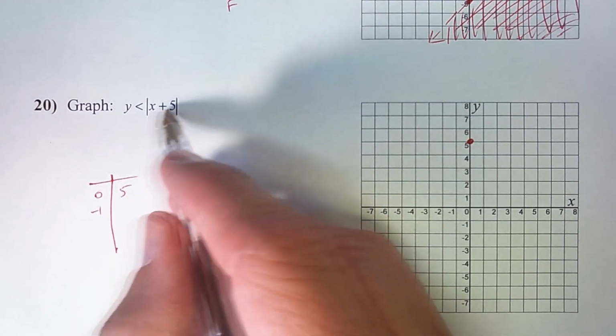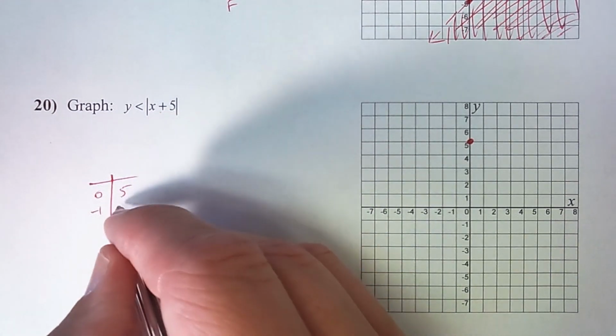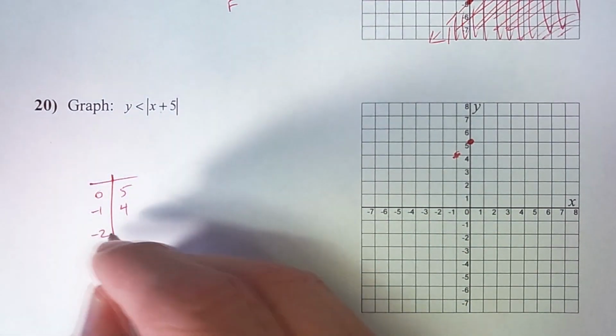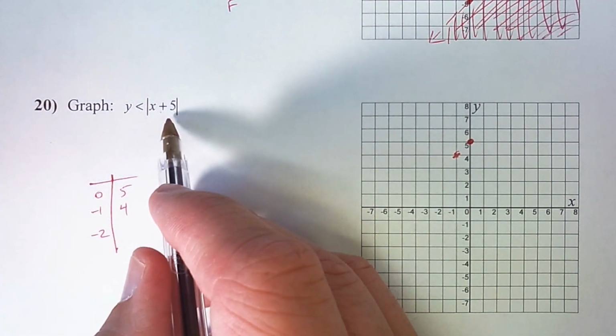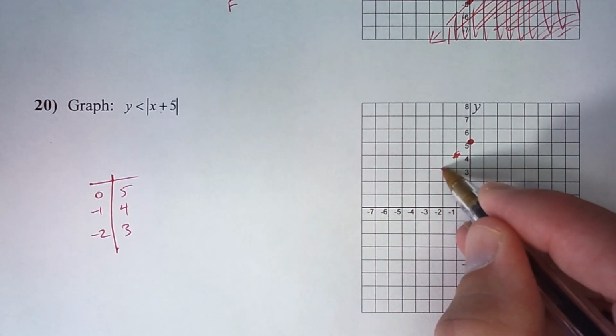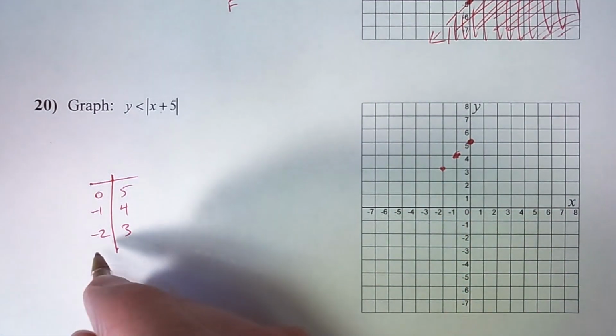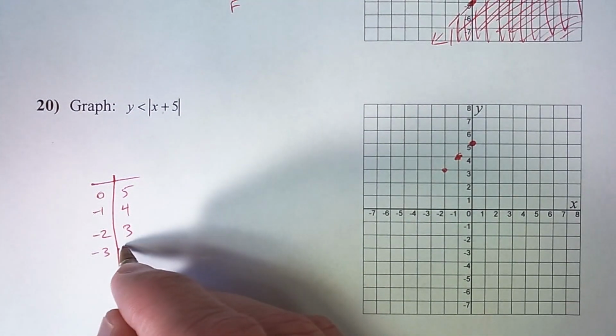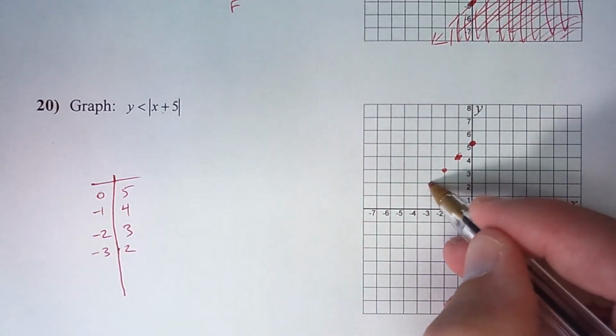So -1 plus 5 is 4. Absolute value is 4. -1, 4. -2 plus 5 is 3. Absolute value is 3. -2, 3. Okay, -3 plus 5 is 2. Absolute value is 2.